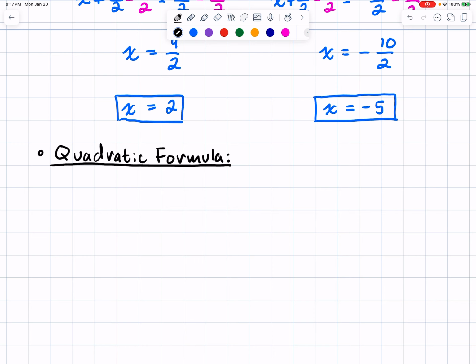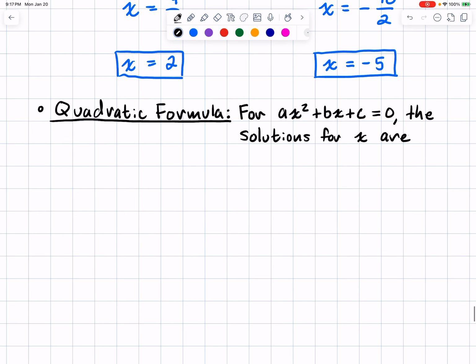So, the quadratic formula states for ax squared plus bx plus c equals 0, the solutions for x are, and we will get x equals negative b plus or minus the square root of b squared minus 4ac all over 2a.